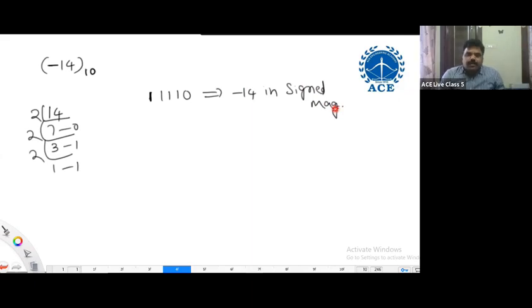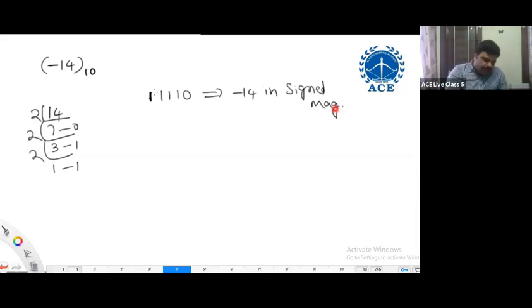Yes. Now I want to represent the same minus 14 in signed magnitude representation using 8 bits. Then what should I do? The number is negative only, but the number of bits is changing.